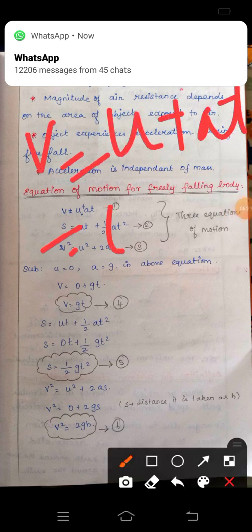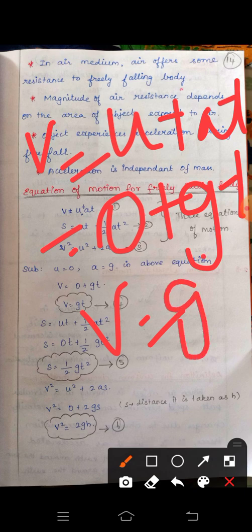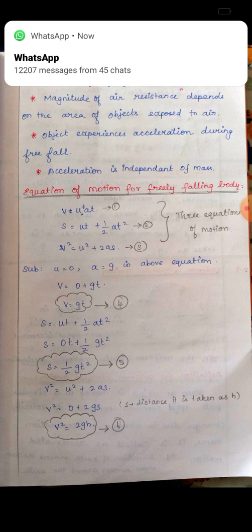For u we substitute 0, and for a we substitute g. So v is equal to gt. This is the result from the first equation.